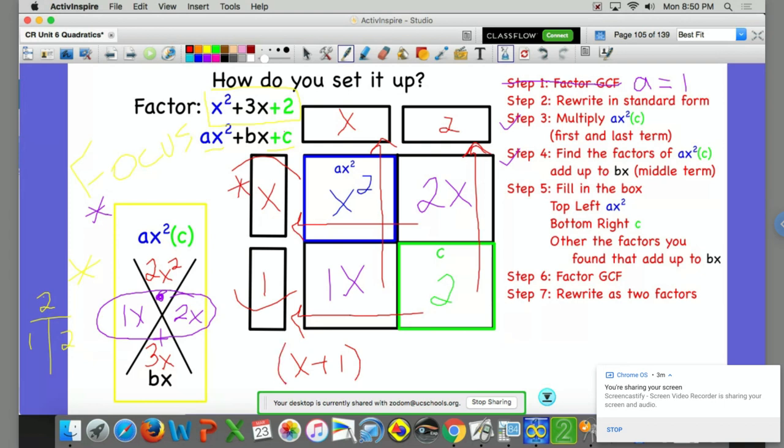Then we're going to take the top and write it as our second parentheses. This will be step 7, which is to rewrite it as 2 factors. And that is how you get your answer.